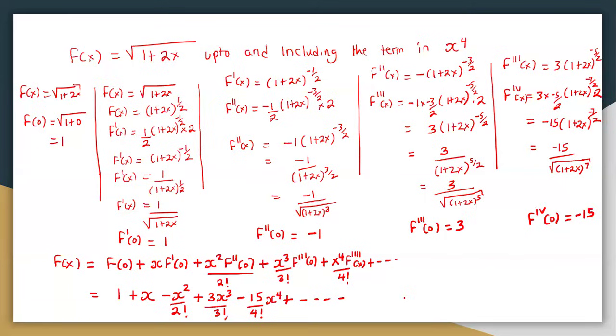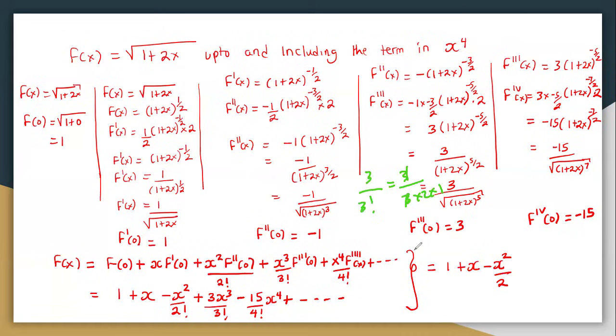Whenever you have something up, proceed and do some simplification. The first one will remain 1 plus x minus x squared out of 2, since 2 factorial is the same as 2. Where we have 3 divided by 3 factorial, this is 3 out of 3 times 2 times 1.